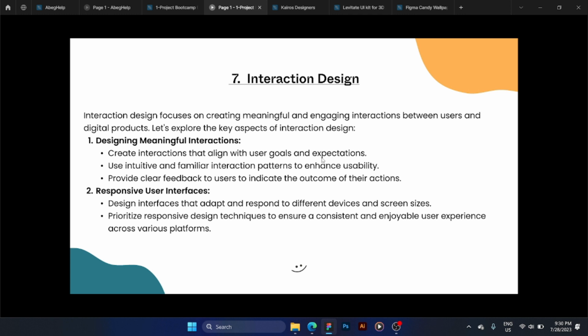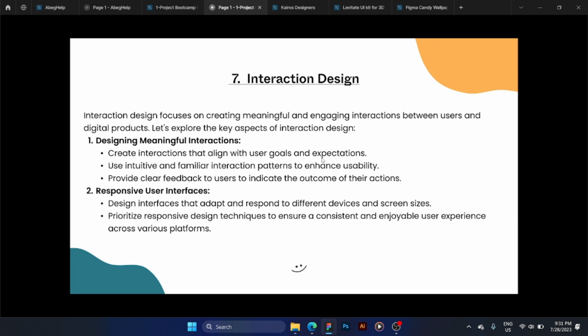It entails interaction that aligns with users' goals and expectations. Based on the fact that we've already learned that we take inventory of the users' pain points, go through user surveys, interviews, and all of those things, it is the accumulation of all of those things, and the user testing we've conducted, that lets us ensure the user has a good user experience. So it must align with what the user actually wants.